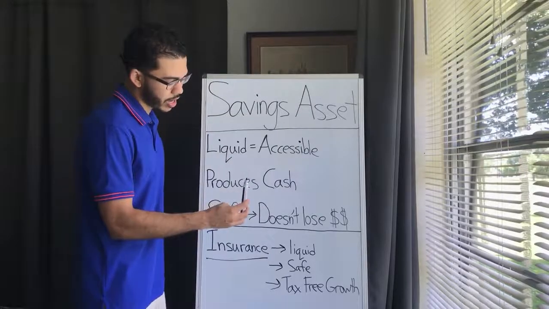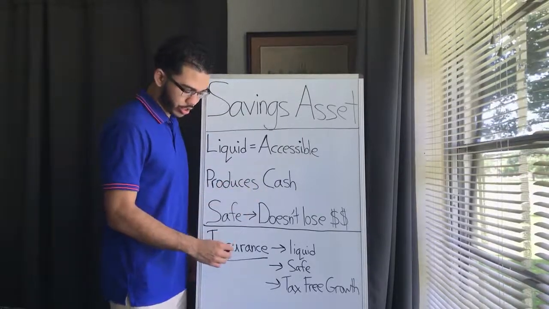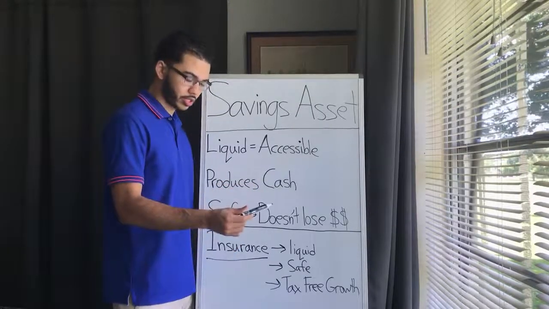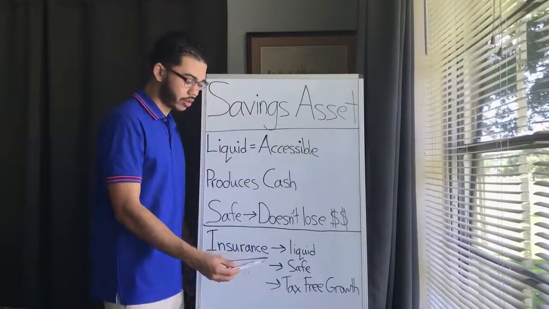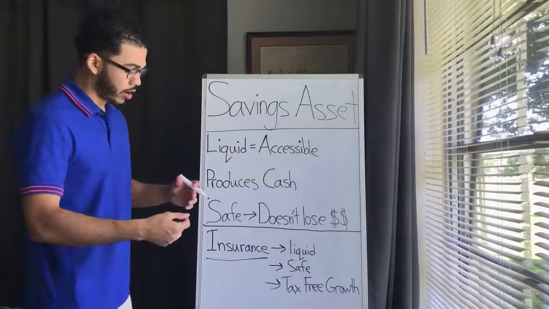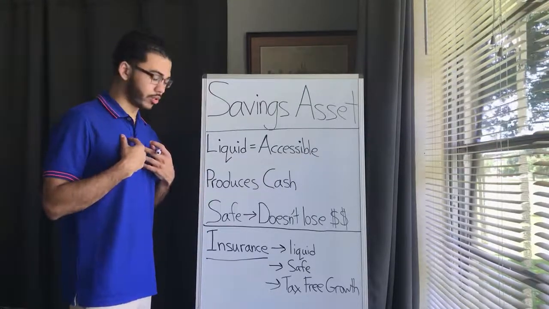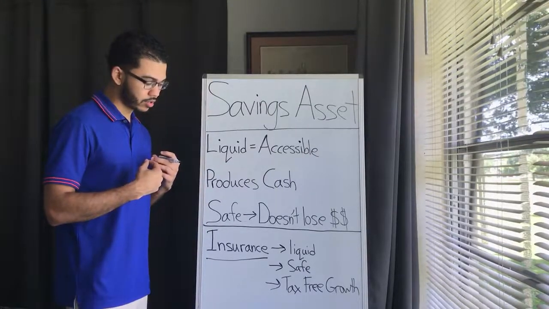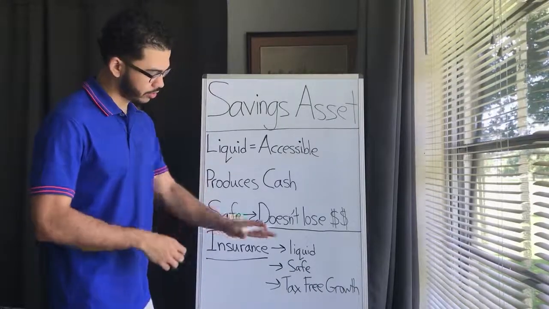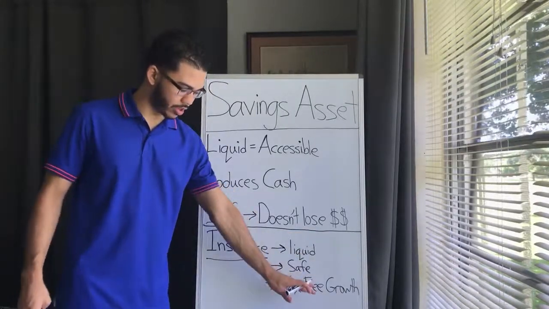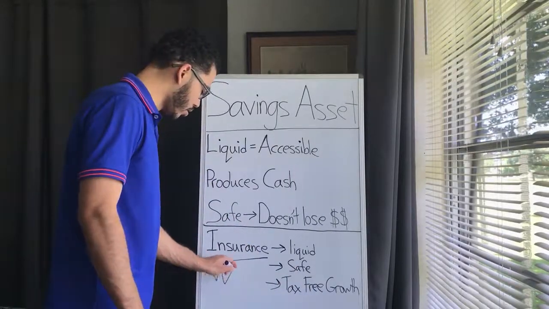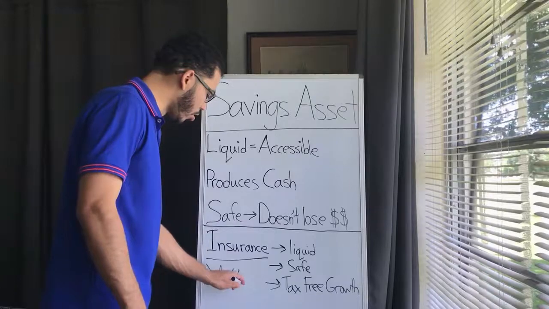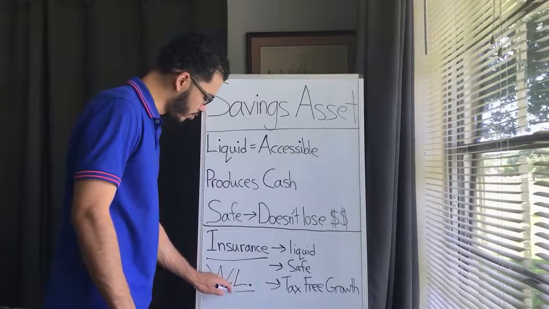So when we're talking about an insurance, which is protection that has the components of a savings asset, what is most effective to satisfy these three things right here is called whole life insurance.